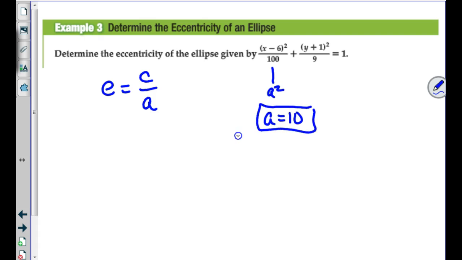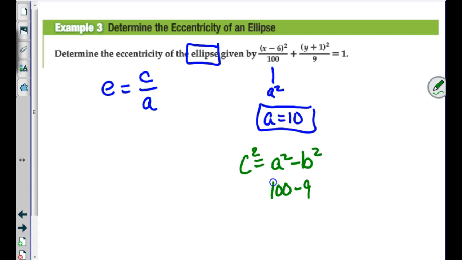Okay. How do we find C for an ellipse? Because it's different for everyone. C squared equals A squared minus B squared. Yep. Then we got a square root. So we're going to have 100 minus 9. So C is going to be the square root of 91.